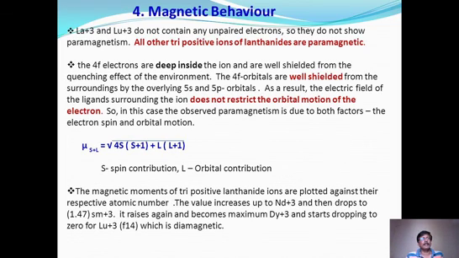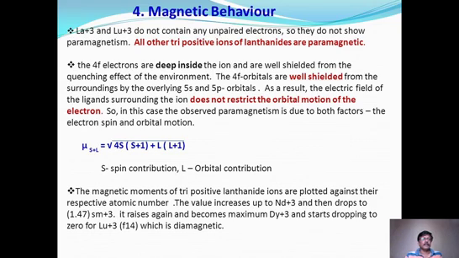But if you have unpaired electrons, then whatever magnetic field is generated remains with the molecule or compound. So look at the trend of the magnetic properties from lanthanum to lutetium, that is lanthanum plus 3 and lutetium plus 3. You have to check the formula and whether it has any magnetic property or not.